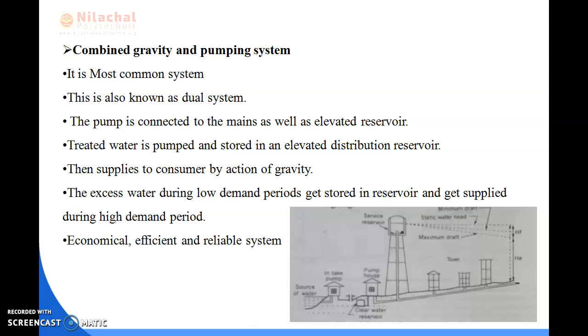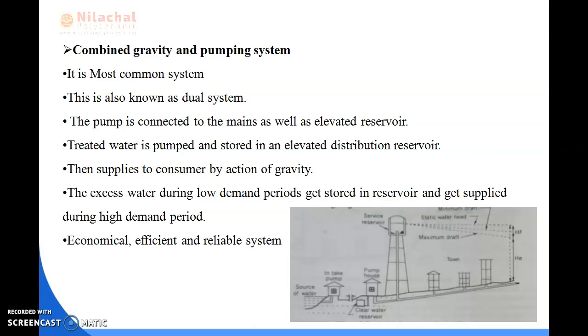Next is the combined gravity and pumping system. Combined gravity and pumping system means we have to combine both systems, the gravity system and the pumping system. It is the most common system, and this is also known as a dual system. The pump is connected to the mains as well as the elevated reservoir.